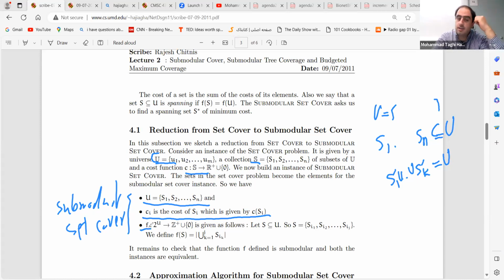Now, what is the f function? What about any subsets? Any subset of U would be a set of subsets of the original set. For any set S, which is a subset of U and contains these elements, we define f of S as the size of their union.